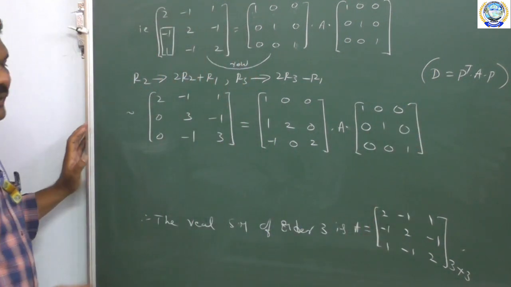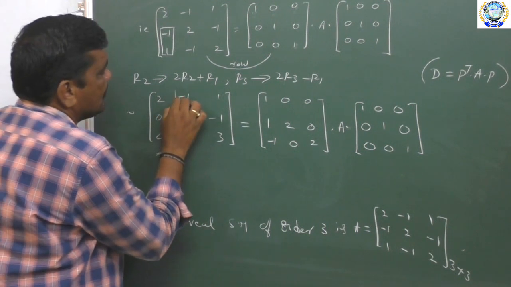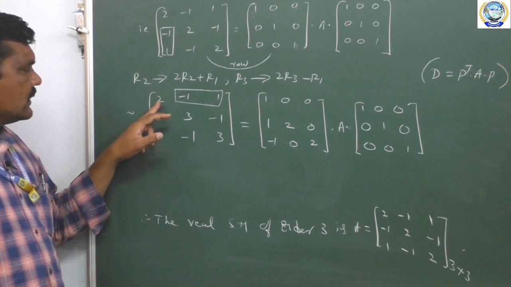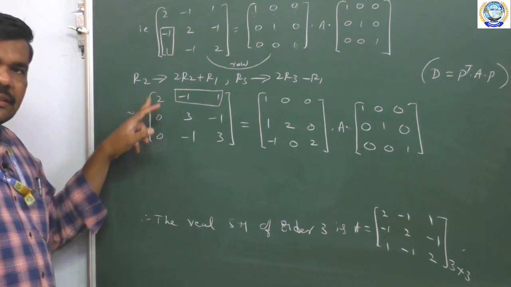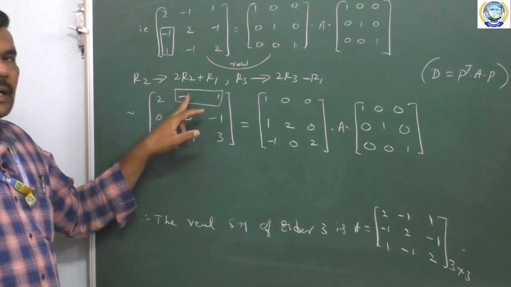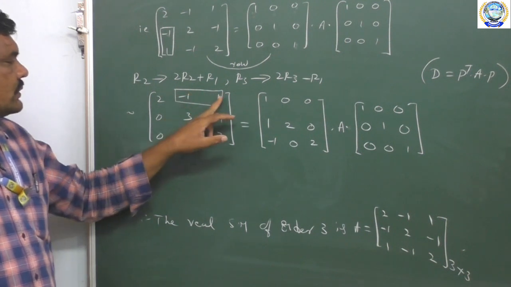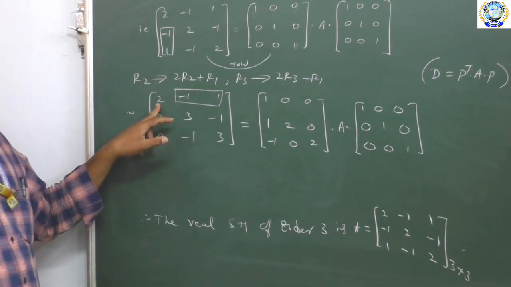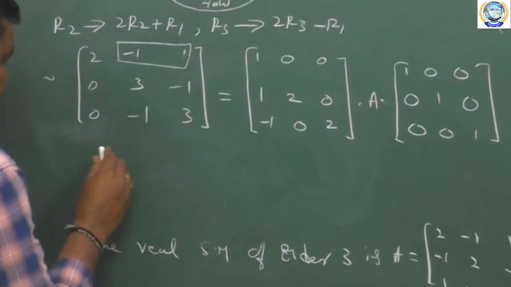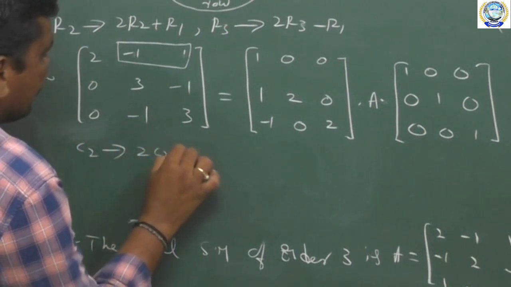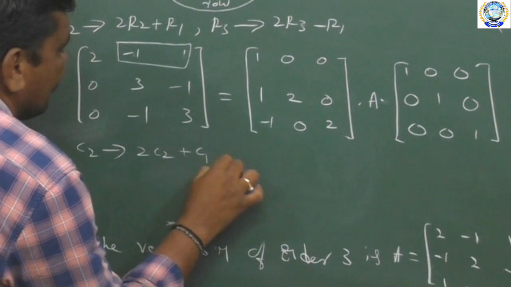Next, to reduce these two values to 0 by using this element 2 in C1. Here we are applying elementary column operations. In C2 we apply 2C2 plus C1.